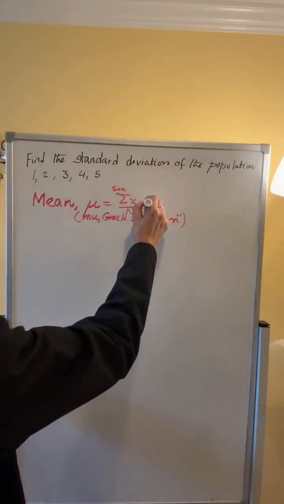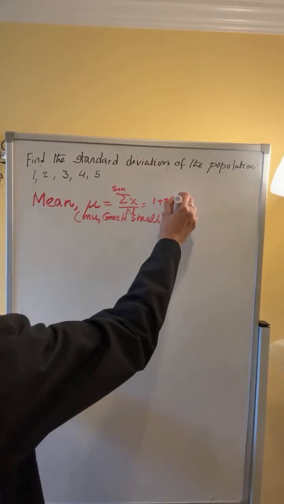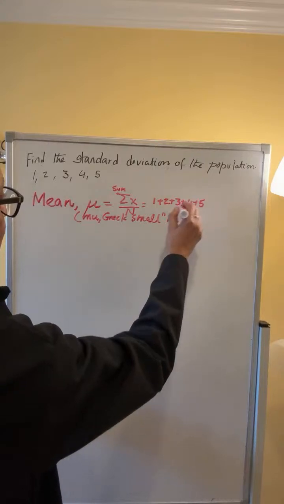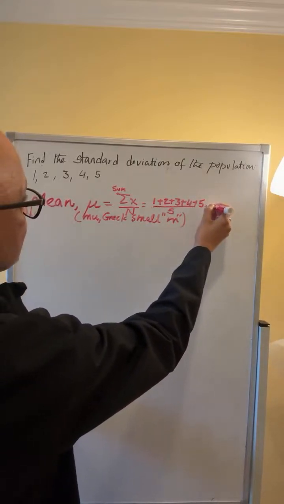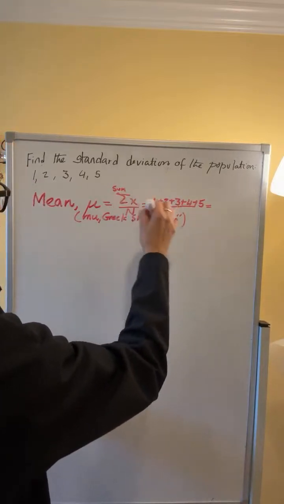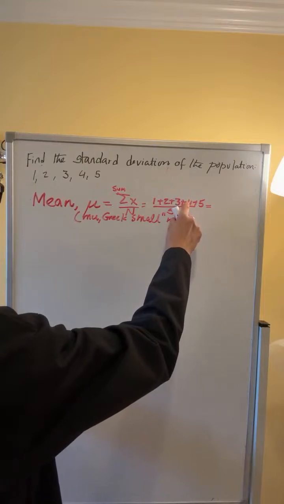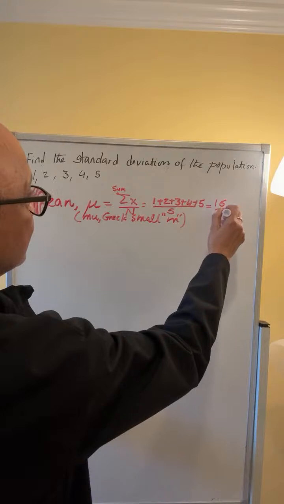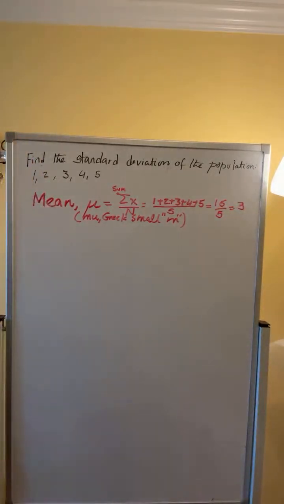So that will be equal to 1 plus 2 plus 3 plus 4 plus 5 divided by 5, which is equal to 1 plus 2 is 3, 3 plus 3 is 6, 6 plus 4 is 10, 10 plus 5 is 15, divided by 5 numbers is 3. So this is the mean of this population, number 3.